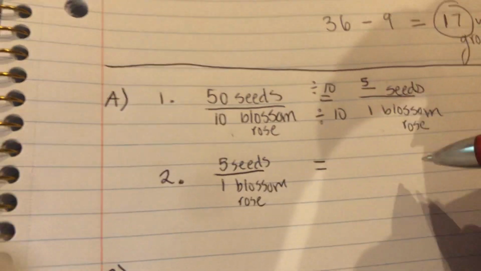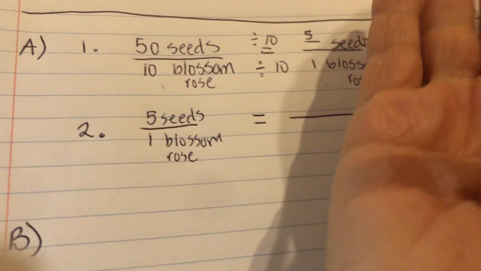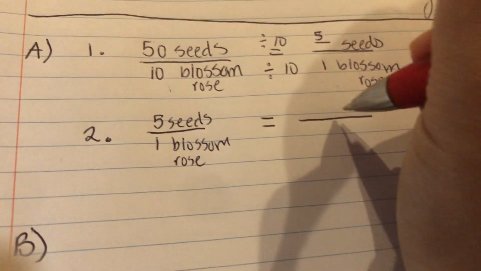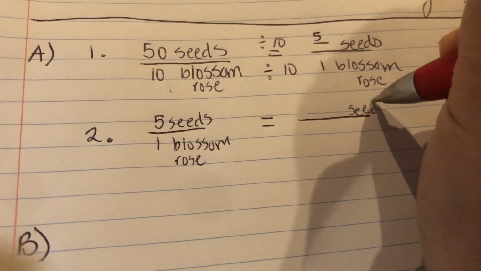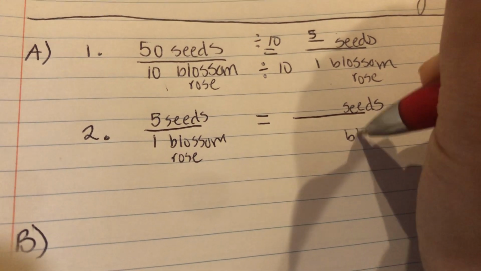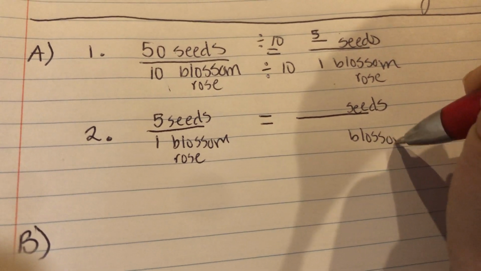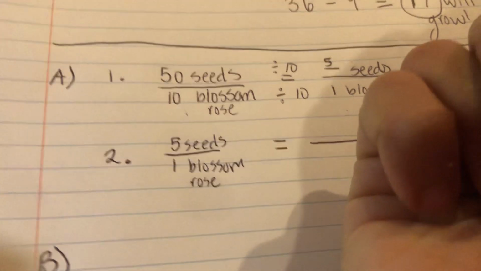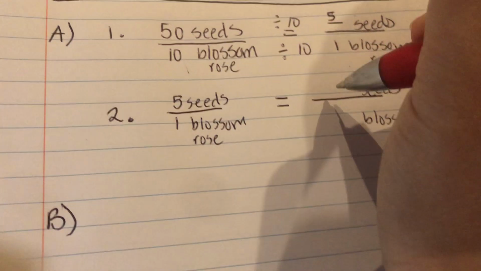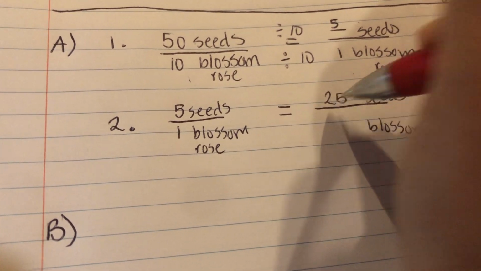And what we're going to do is use what we know to find the missing values. So step 3 in the CFS is to always make sure that your units are aligned. So seeds, blossomed. Okay, so it's asking us if she plants 25 seeds, how many roses will blossom?